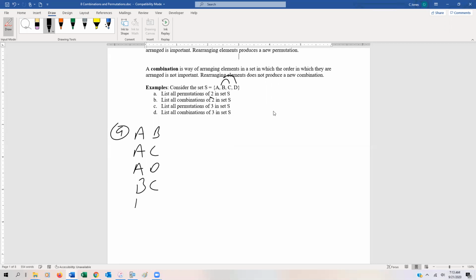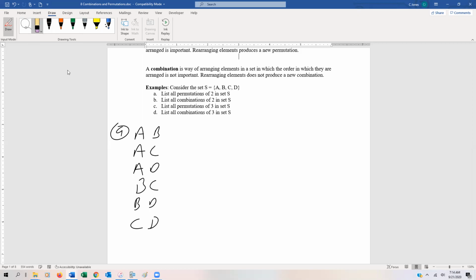So I'm going to have BC and BD, and then finally CD, and those are the only 6 that I can pull out so far. Notice I started with A, and went AB, AC, AD, and once I was done with A, I didn't use A ever again in selecting the first round.